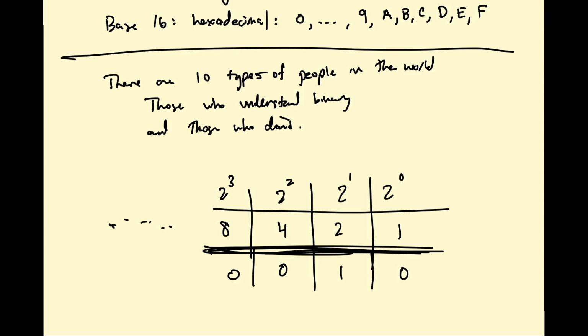Now, how do I know if I'm looking at a given number that it's written in base 2 versus something else? If I just wrote down, like I did here, 1, 0, it's in some sense ambiguous. Is that base 2 or base 10 or base 16 or base 20, who knows?